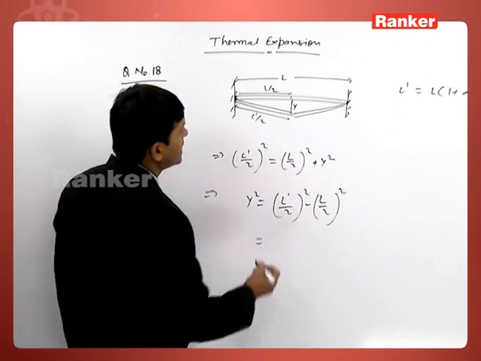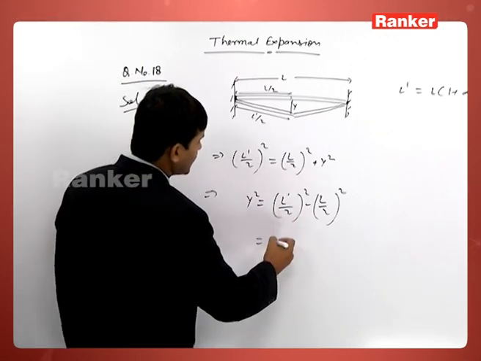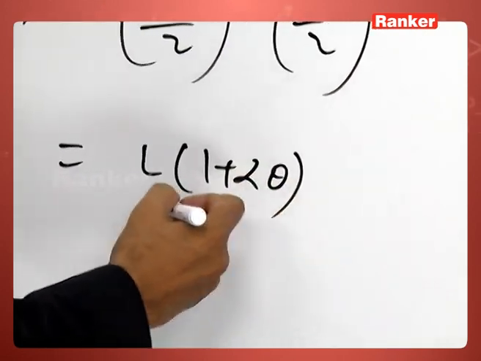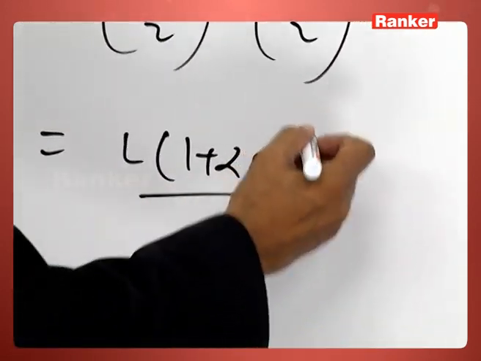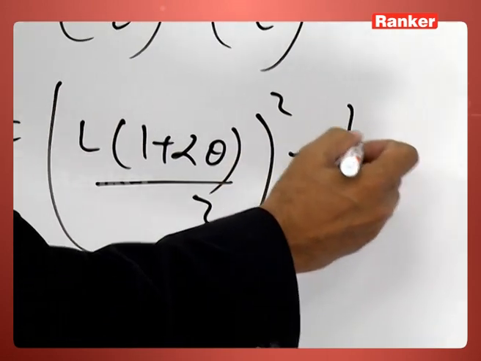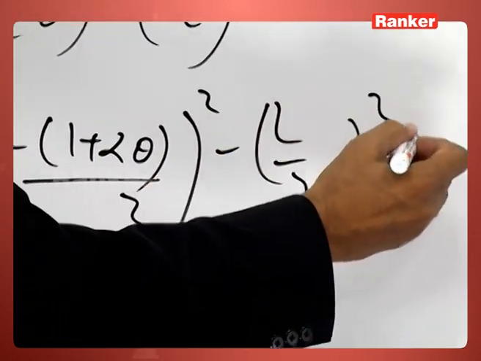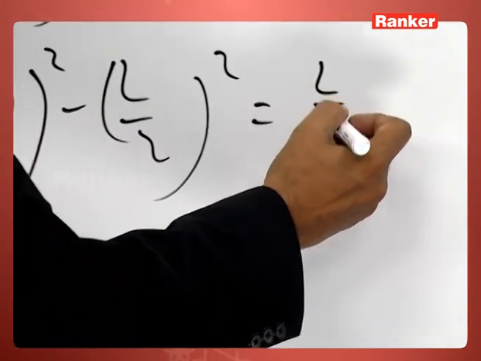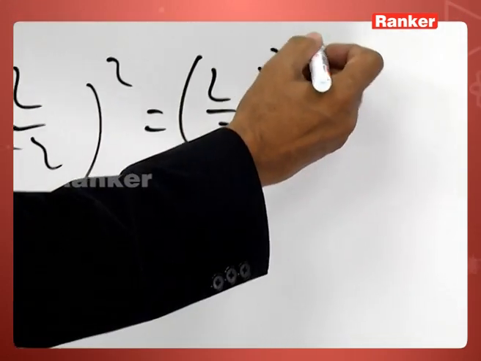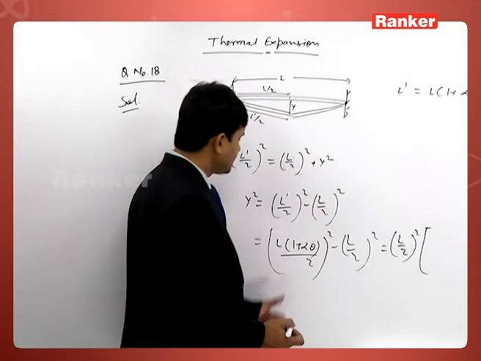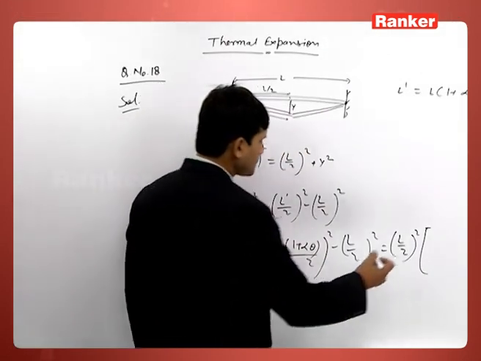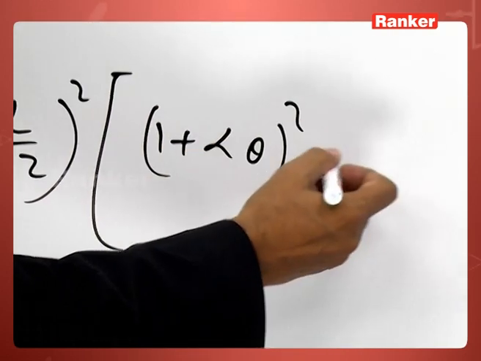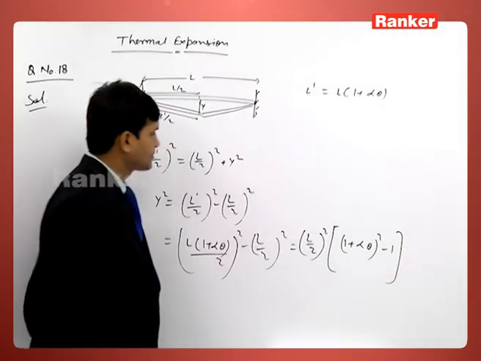Substitute the value of L'. L' is your L(1 + αθ/2), squared, minus (L/2)². Now we can take (L/2)² common, and then what is left here? (1 + αθ)² minus 1.